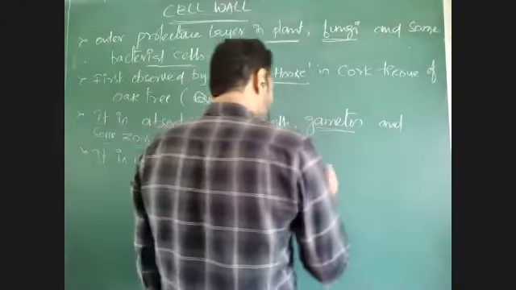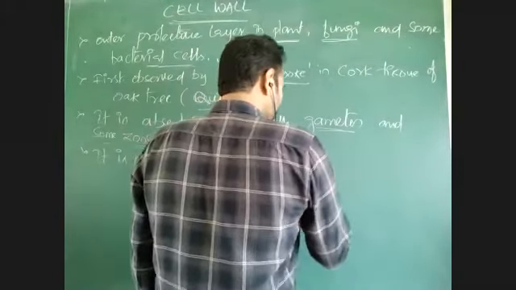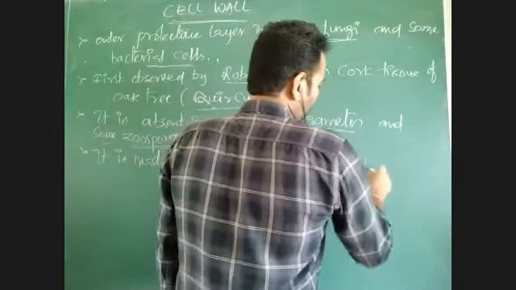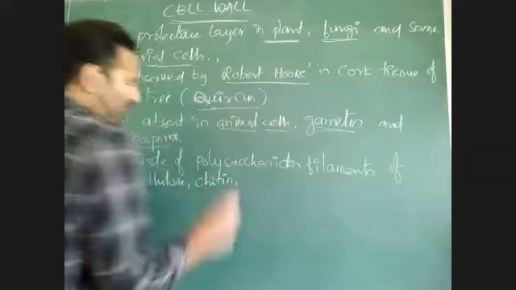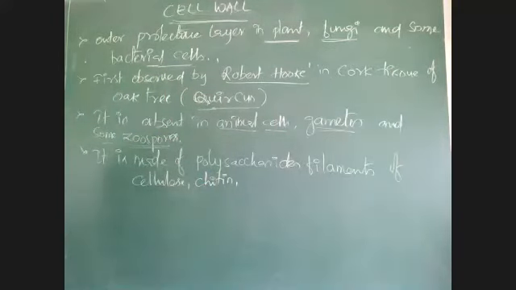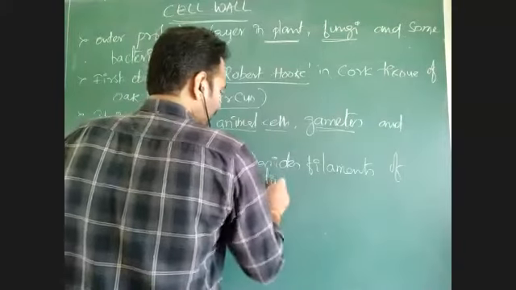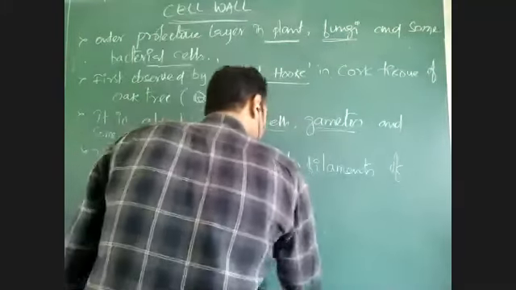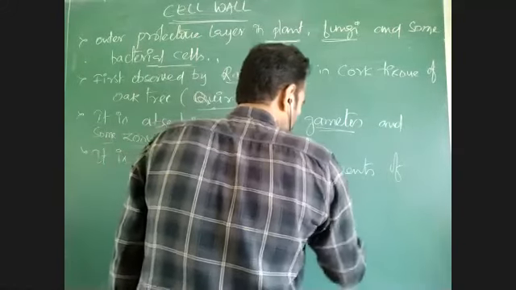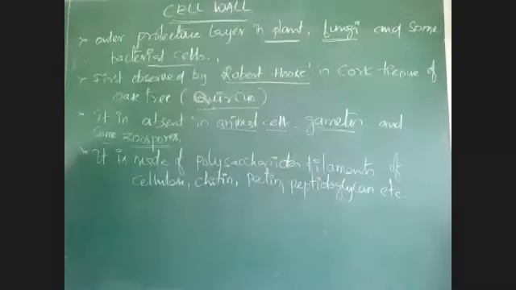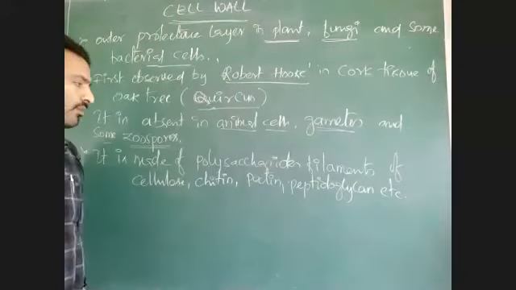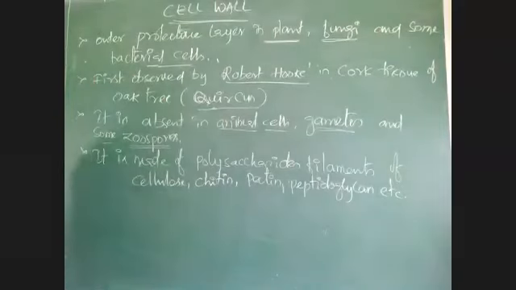Especially polysaccharide filaments of cellulose, chitin, pectin, peptidoglycan, etc. The cell wall is made up of filaments of polysaccharide carbohydrates like cellulose.